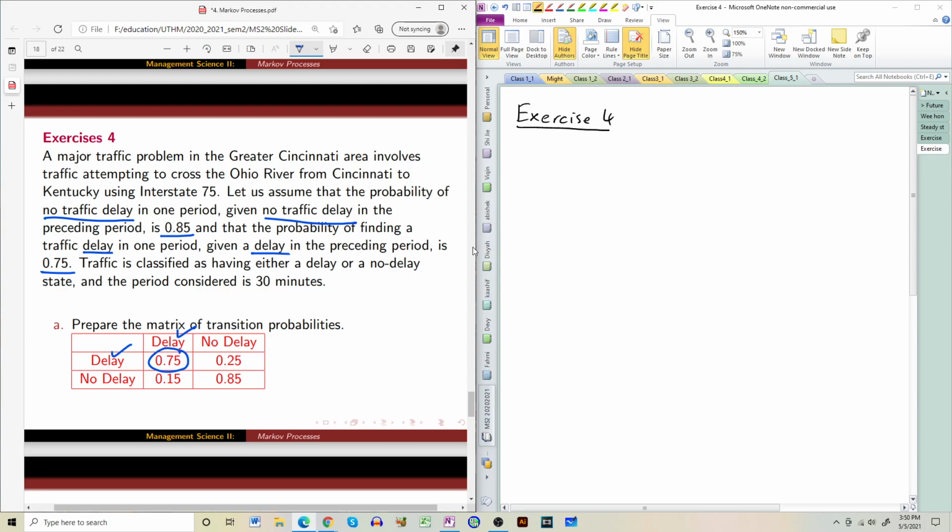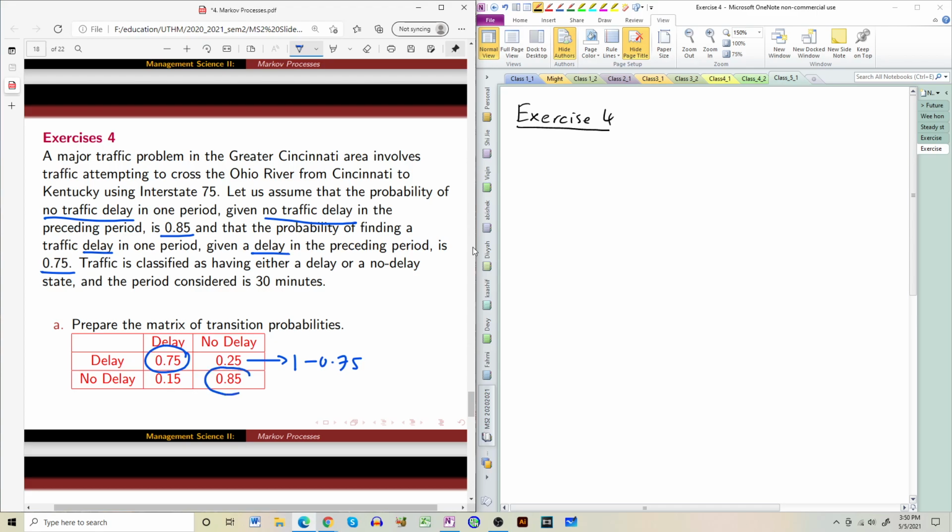Now if you are given 0.75 here, how to find this? This would be 1 minus 0.75, because if you notice the transition table, if you add the row, you will get 1.